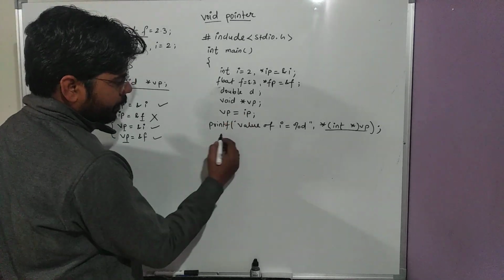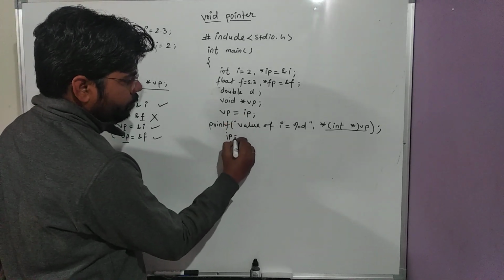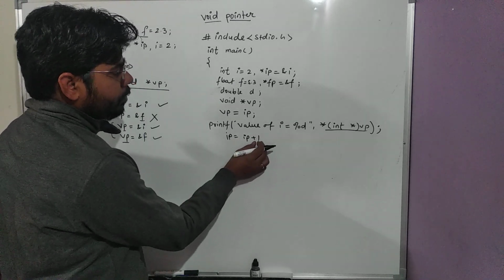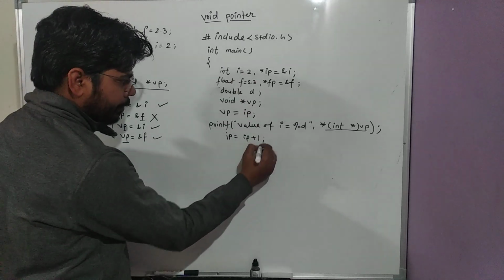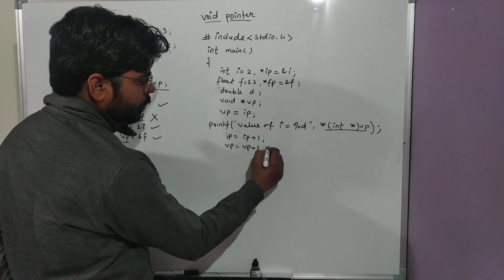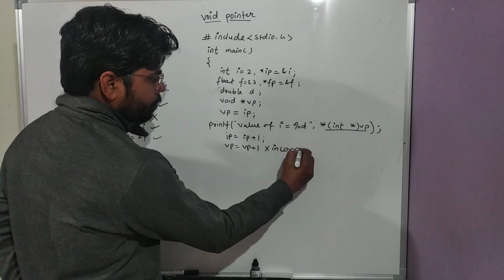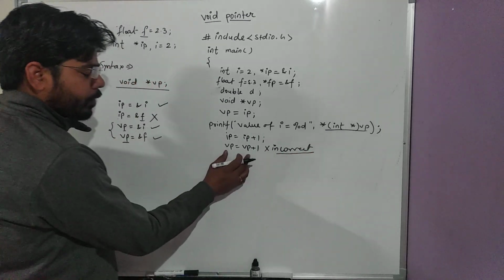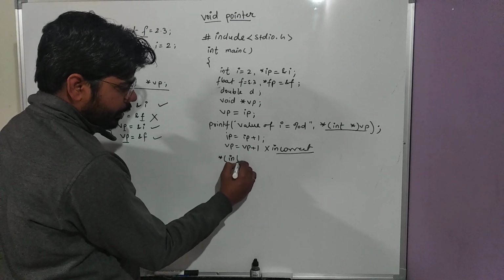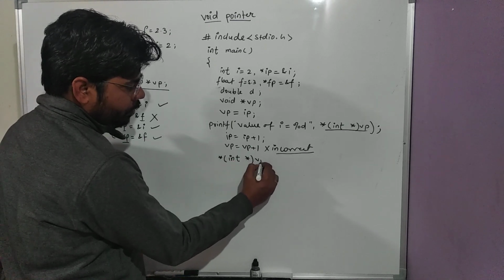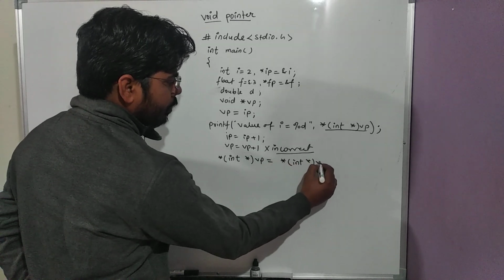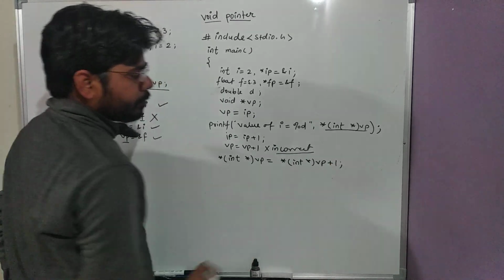Okay, now let's suppose you want to change the value of this I using the pointer variable. With the pointer IP, we can simply write IP equals IP plus 1. So this will add the 1 to this I value. But if you write VP equals VP plus 1, this is an incorrect statement. Using the void pointer, we have to write asterisk int asterisk VP equals asterisk int asterisk VP plus 1.